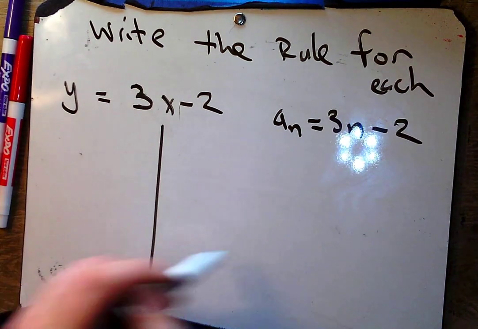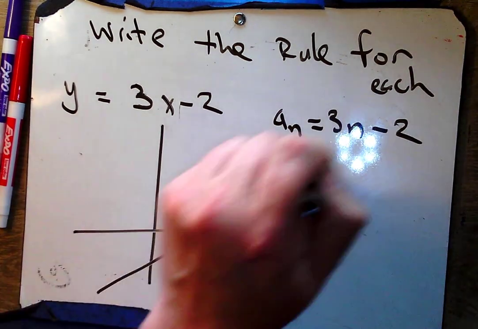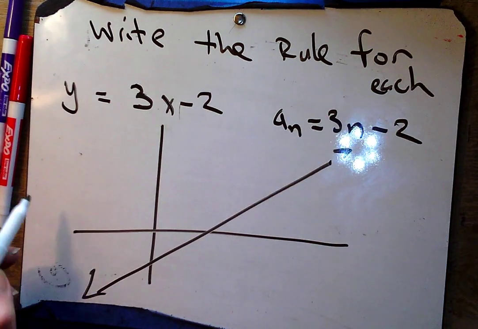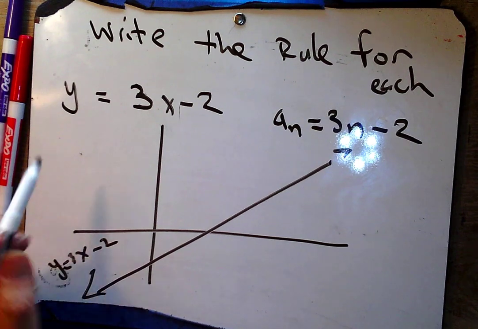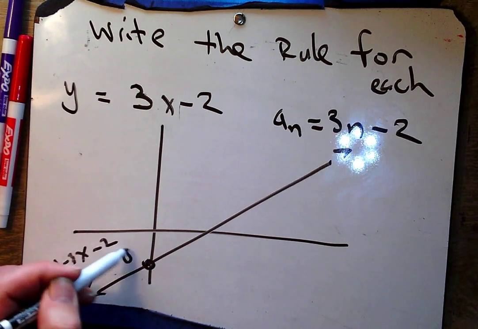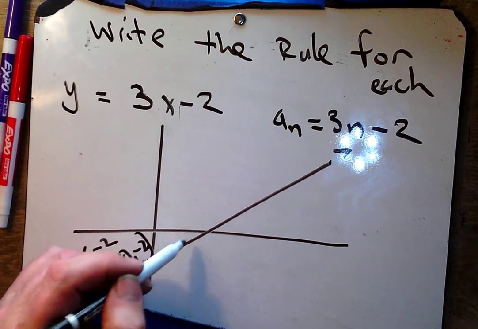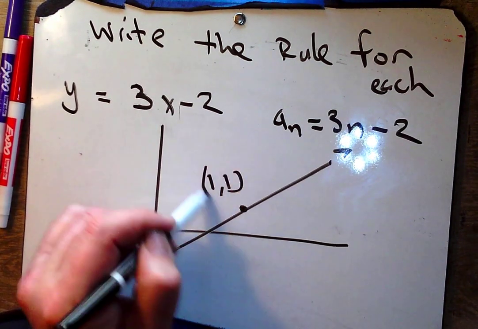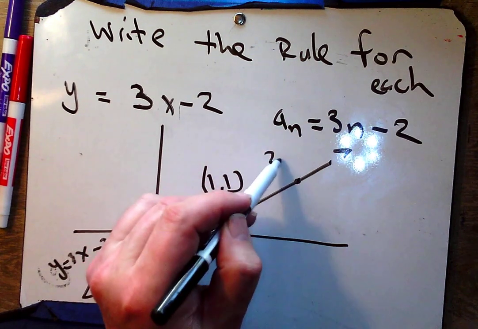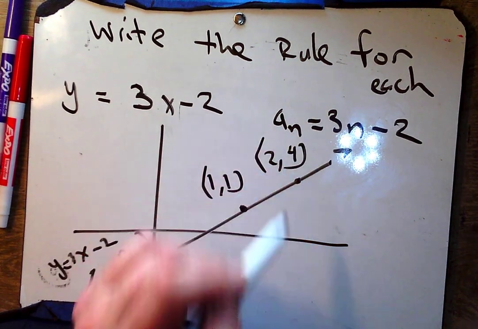And the distinction is this. Here's y equals 3x minus 2. We know that this passes through 0, negative 2, and it passes through 1, 1, and it passes through 2, 4, and so on.